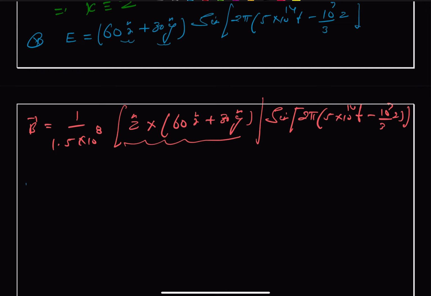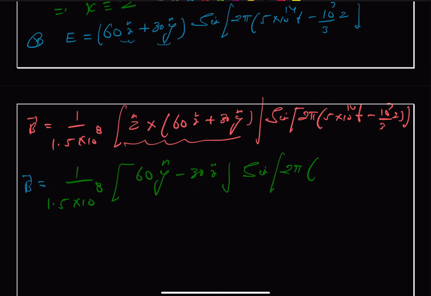So we can write our magnetic field will be equal to 1 upon 1.5 into 10 to the power 8, and this comes as 60 y unit vector minus 30 x unit vector, rest will be same, that is sine 2 pi (5 into 10 to the power 14 times t minus 10 to the power 7 divided by 3 z).